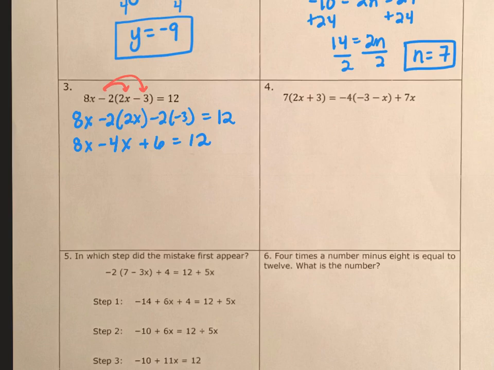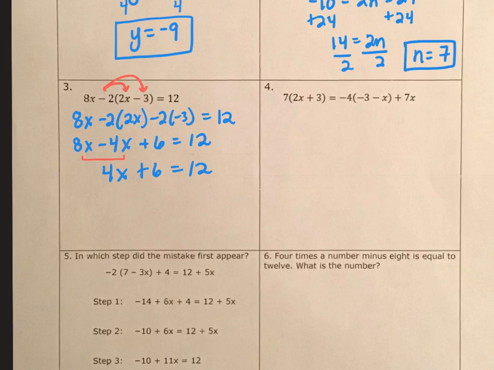Okay, so now my next step after distribution is to combine like terms. I can do that here. Okay, so I have 8x minus 4x, so 8 minus 4 is 4x plus 6 equals 12. My next step is to move my constant because I do not have variables on both sides, so I don't have to worry about that.